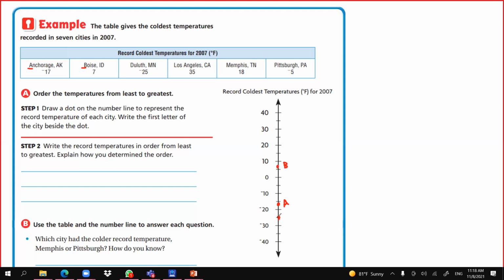So here is the negative 25, which is D. 35, 30, 35, 40. So this is Los Angeles. And Pittsburgh, it is letter P, it's negative 5. So it's gonna be here.